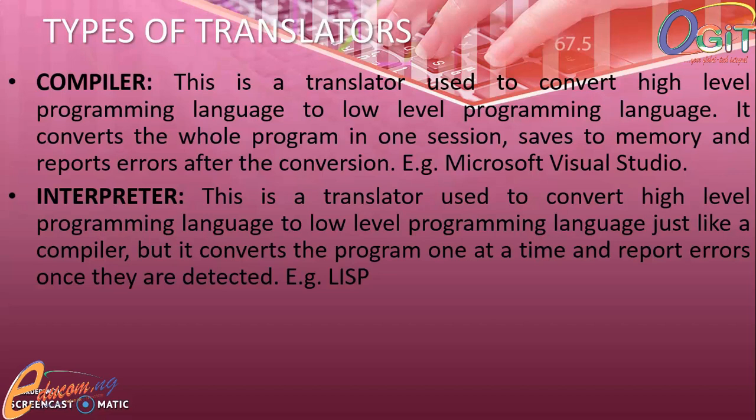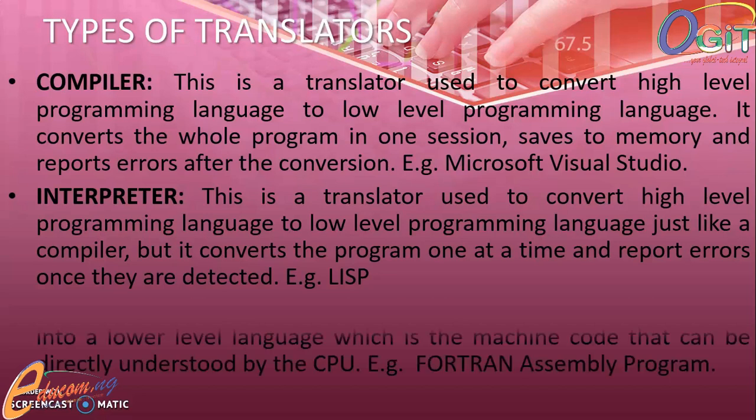The difference between a compiler and an interpreter is that the compiler takes the whole program at once, does the conversion. It is after the conversion that it reports errors, unlike an interpreter that interprets the program line by line and then reports errors as soon as they are detected, rather than waiting for the whole translation before reporting errors.